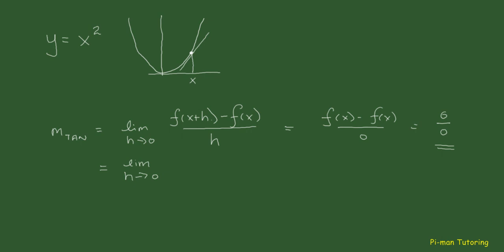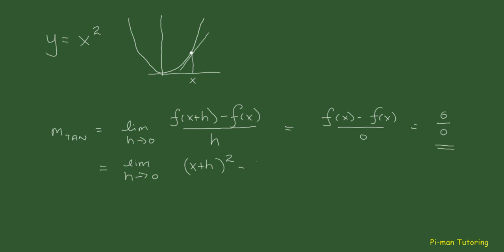So f of x plus h means put x plus h into the equation wherever there is an x. So f of x plus h means x plus h squared in this case, because the function is simply squaring what's in the bracket.